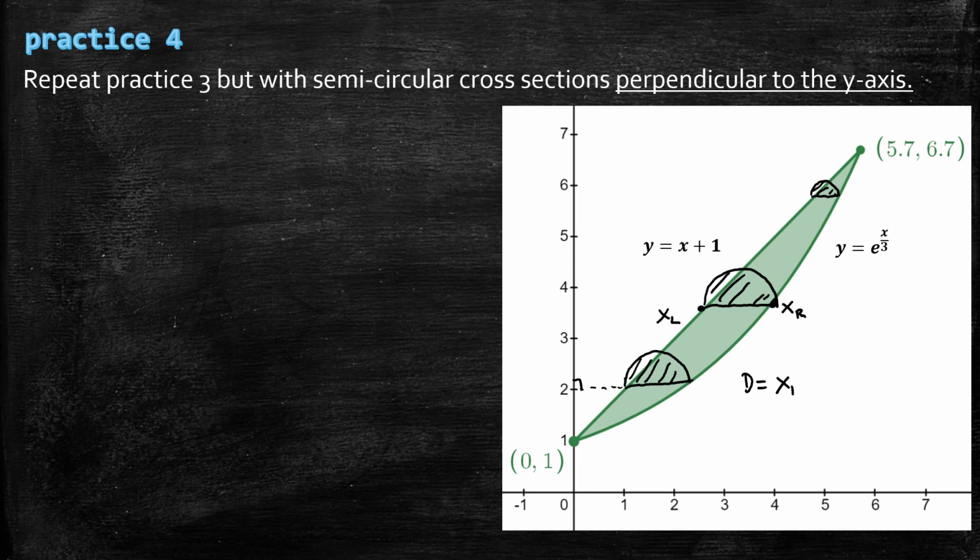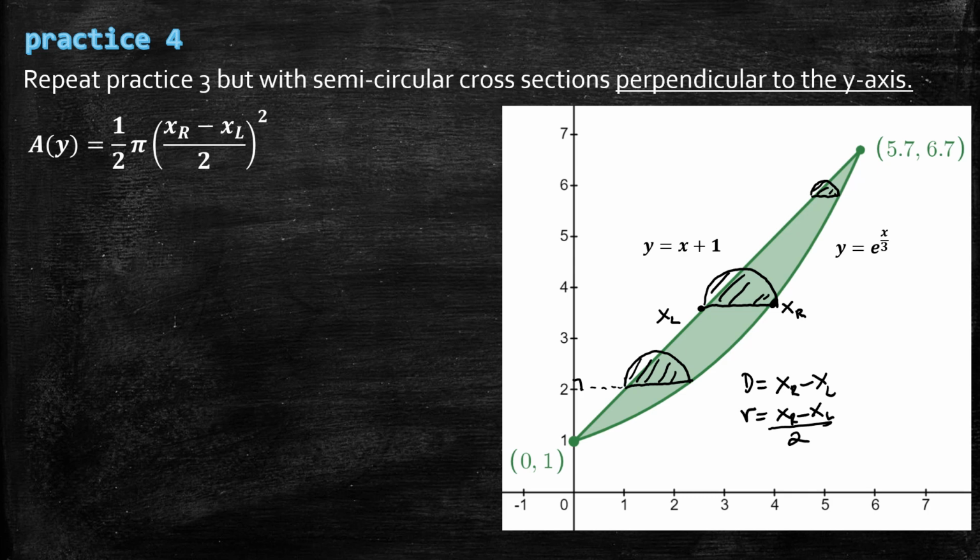So the diameter would be this, which means the radius would be half of that. Kind of looks very similar to the formula from before, except that now we are dealing with x's instead of y's. So this is what the formula for the area of the cross section would be like. Notice that the area is going to be a function of y.